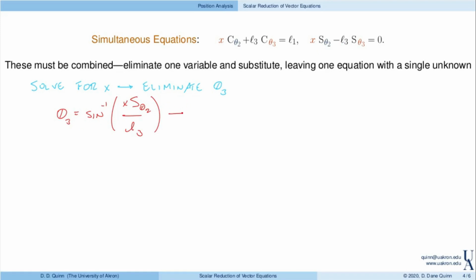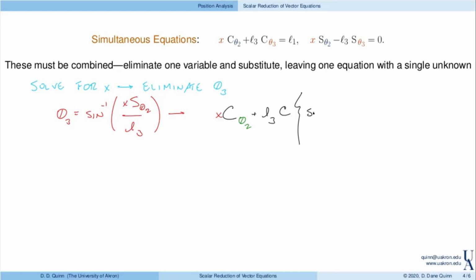So then I want to take that value of theta 3 and put it back into this equation. So when I do that, I get x times cosine of theta 2 plus L3 cosine of theta 3. But what was theta 3?